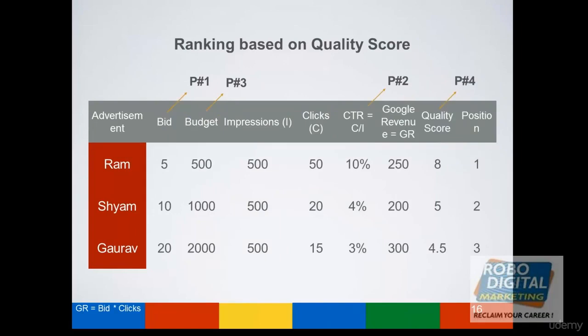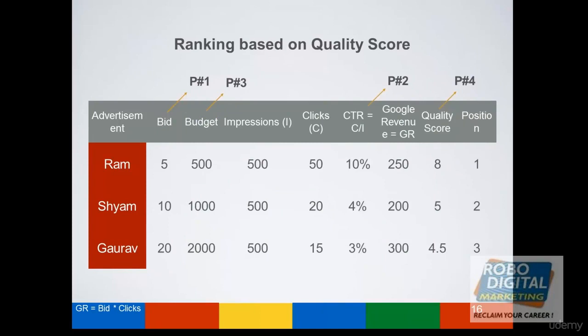Now if you look at the third case, where there are three persons, Ram, Shyam and Gaurav. Ram is bidding 5, Shyam is bidding 10 and Gaurav is bidding 20. If we look at the CTR, Ram is getting a CTR of 10, Shyam is getting 4 and Gaurav is getting 3. If we look at the revenues, Google's revenue is 250, 200 and 300.